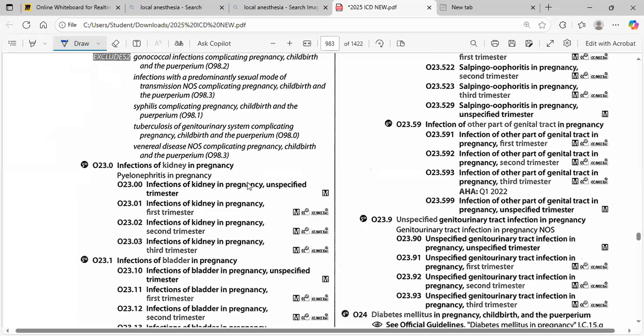So you can see here, O23.12 will tell us infection of bladder in pregnancy. It will not tell us that the patient is having an abscess in the bladder. So it is very obvious that we should not expect all the conditions to be listed in the O series. So what we have to do is use a code from series O first, followed by the condition, and then use a week specific code.